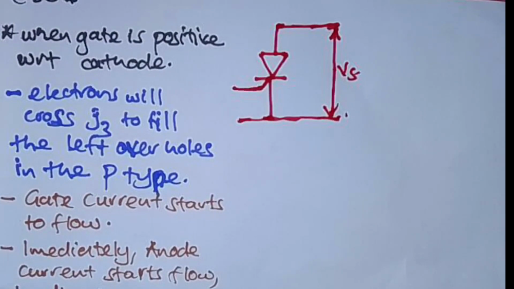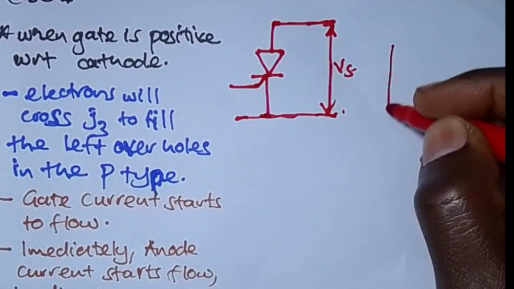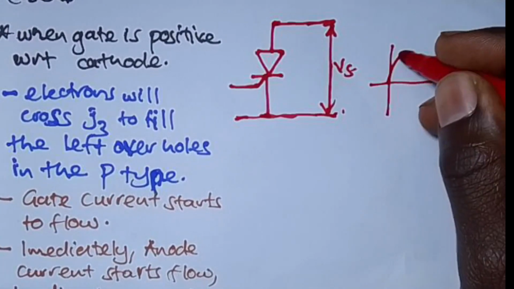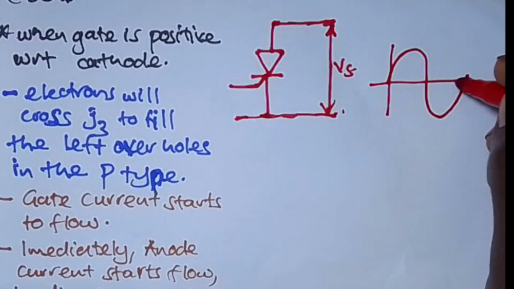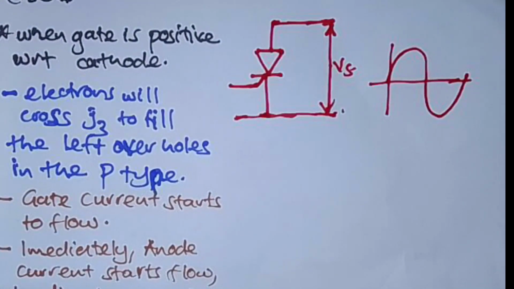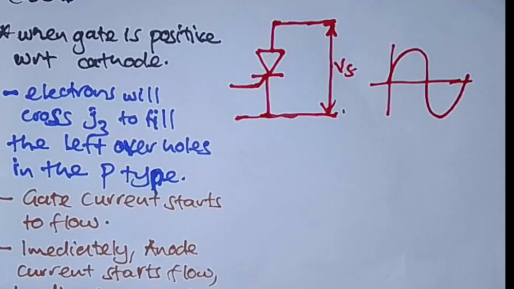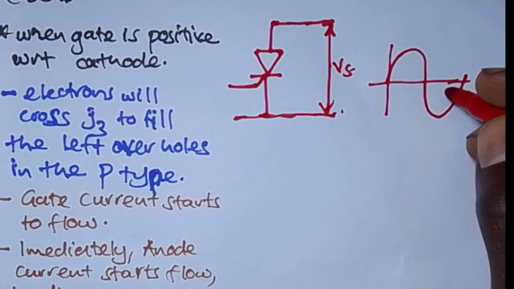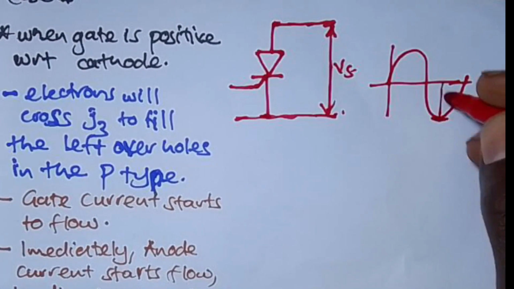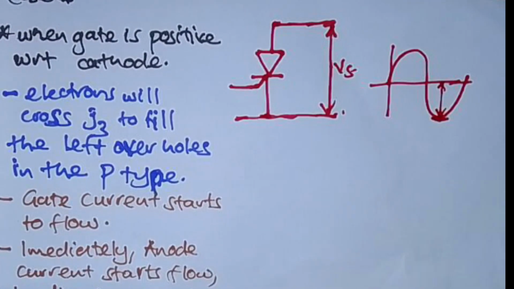Remember, it is going to be supplied with an AC signal like this, and it is going to be used as a rectifier to change this AC signal back to DC signal. So that is simply why it is going to have a certain voltage. There is a certain voltage limit in the reverse direction that can be applied across it, as we shall see in some simple calculations in a few minutes to come.